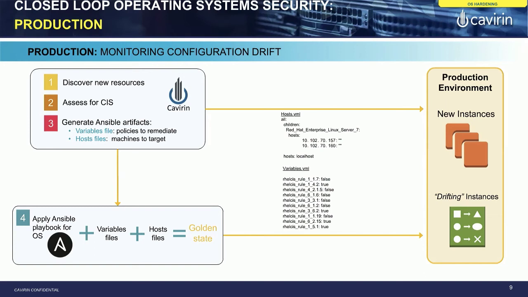So here's where the real value of Cavirin actually shines, which is really around discovering new resources as they are getting consumed, new resources, services as they're being consumed by your teams, assessing them or monitoring them against the technical controls that we have in the mix, automatically generating the Ansible artifacts, which are really the host files and variable files that I described before, and then invoking Ansible to run playbooks that will harden the deviating machines and restore them to a golden state, and that's what we'll see in the demo next.